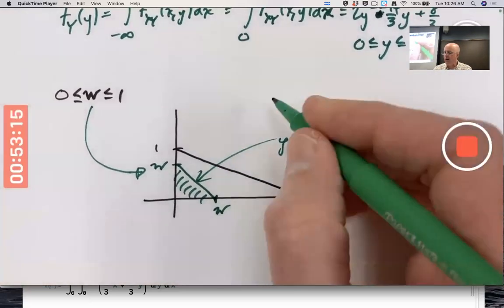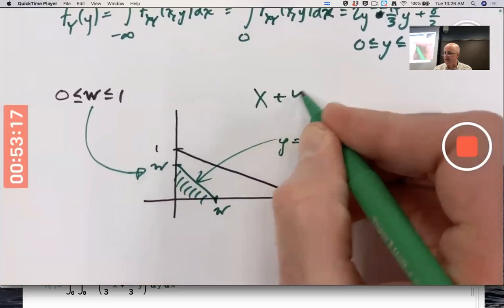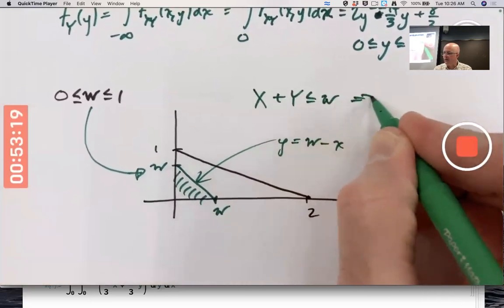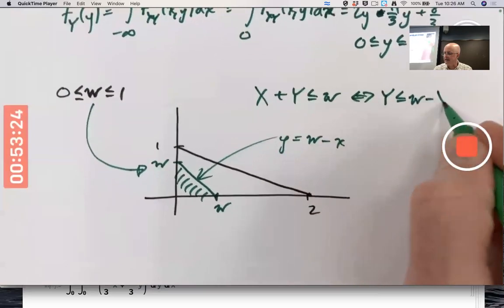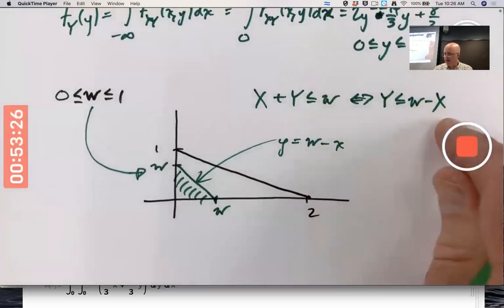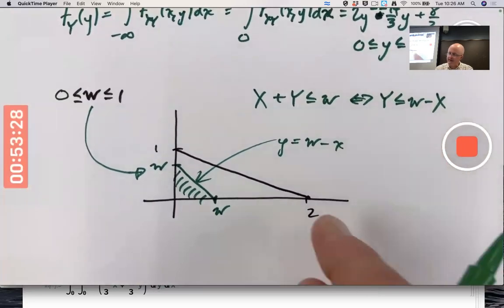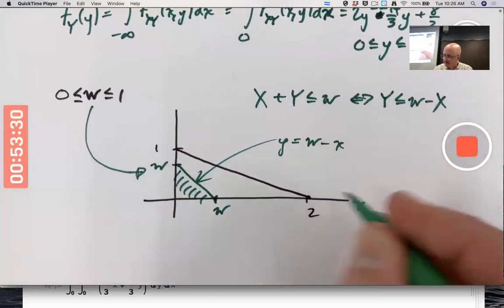Because I'm thinking about where X plus Y is less than or equal to W. Equivalently, where is capital Y less than or equal to W minus X? I'm using capital letters up there because I'm thinking of them as random variables, and here I'm using lowercase. Not a big deal.